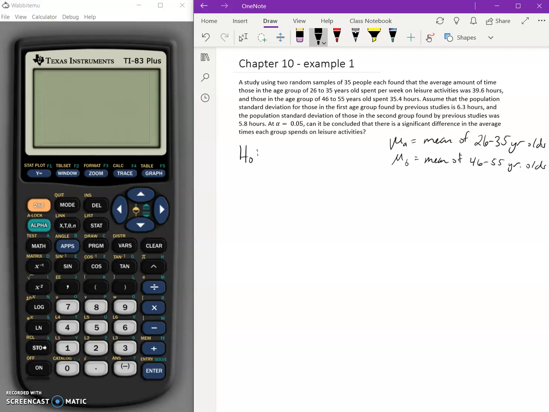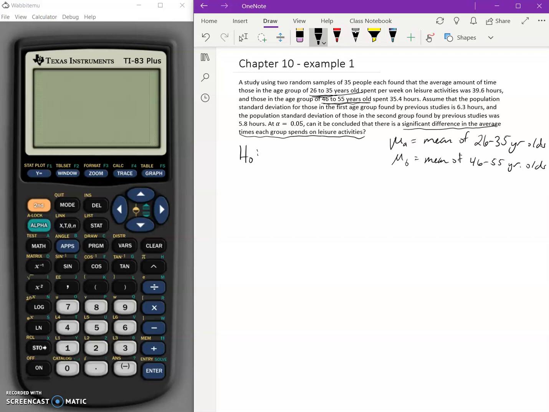And in this case, we have to figure out what we are trying to study here. Are we looking at means? Are we looking at proportions? Are we looking at 1 sample, 2 samples, all of those things? Notice that we have a group of 26 to 35-year-olds and a group of 46 to 55-year-olds, and what we're trying to figure out is whether there is a significant difference in the average time each group spends.